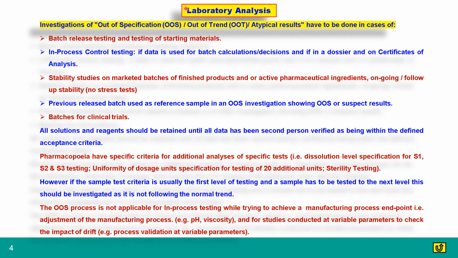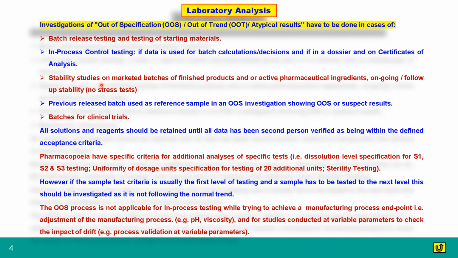Laboratory analysis. Investigations of out-of-specification, OOS, out-of-trend, OOT, and atypical results have to be done in cases of batch release testing and testing of starting materials. In-process control testing, if data is used for batch calculations or decisions, and if in a dossier and on certificates of analysis.